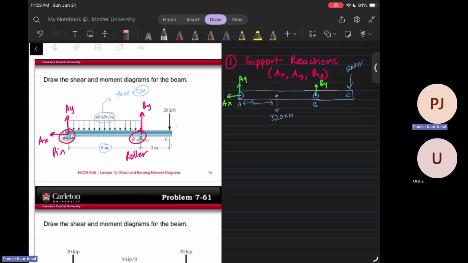The best way to go about this, to find the reactions, is to first take a moment about A. But before we even take the moments, we can clearly see that AX is going to be 0 because there's no other loading in the X direction, so it must be 0. And then we can take moment about A, counterclockwise being positive.